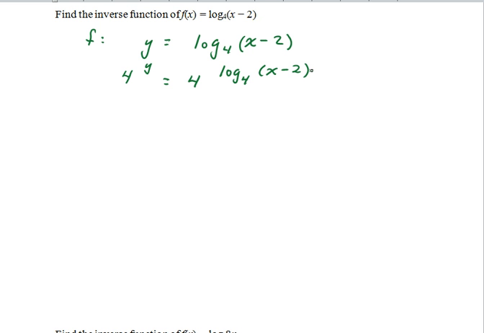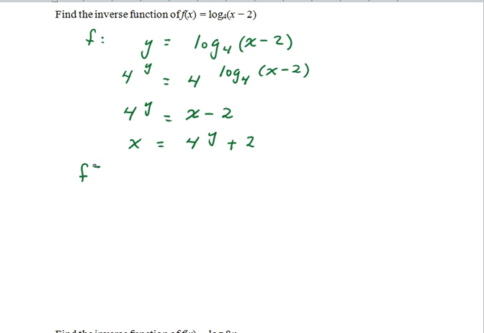And since we're exponentiating a log with the same base, we are left with the argument on the right-hand side, which is x minus 2. So x would equal 4 to the y plus 2.